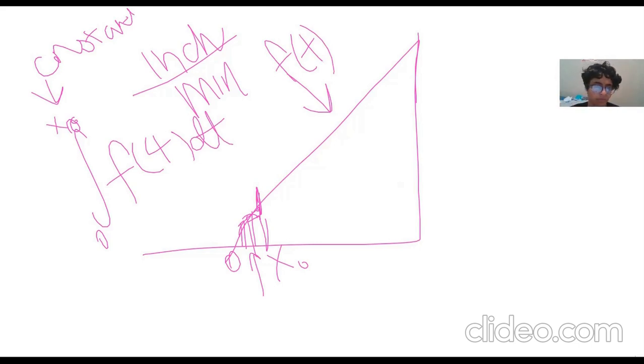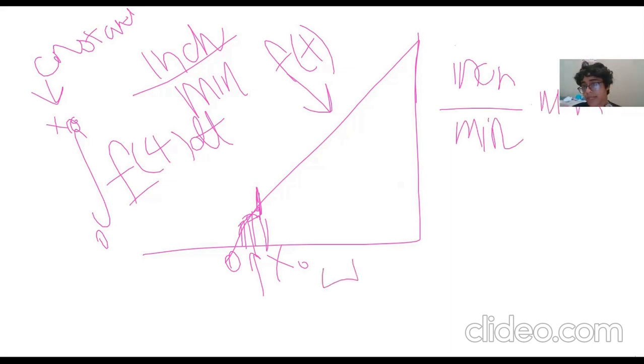You're taking the lowercase f of t and multiplying it by the independent variable's units, which is often time. So inches per minute is the rate, the f of t's units, and you're multiplying by the width of the rectangle, which is minutes, and so you're getting inches. Or if it was inches squared per minute, you just do inches squared over here, because that wouldn't be tampered by this multiplication. So units actually do come up a lot. Be sure to write your units.